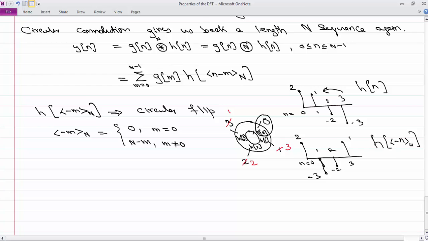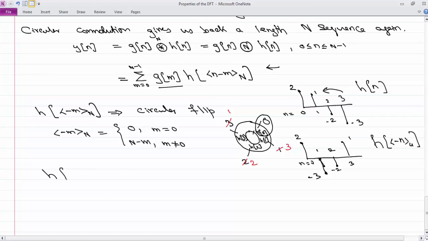So just like the linear flip, where you fix n equal to 0 and then you take it all the way back, here you are doing a circular flip. So what circular convolution, which is this formula here, is telling you is you fix one sequence, then you circularly flip the other, and then you do a circular shift. Okay, so how is that related?